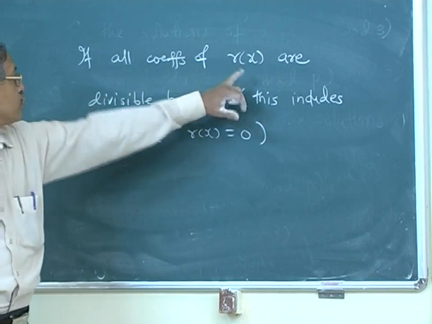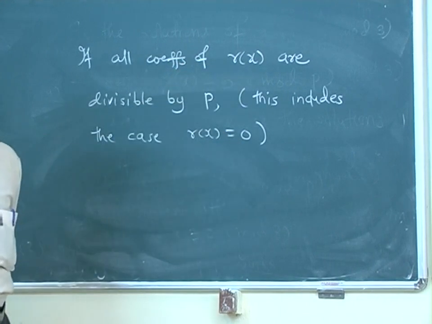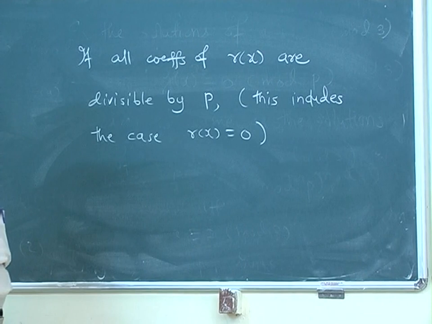Each coefficient we can consider as 0, so divisible by p. Then what happens?